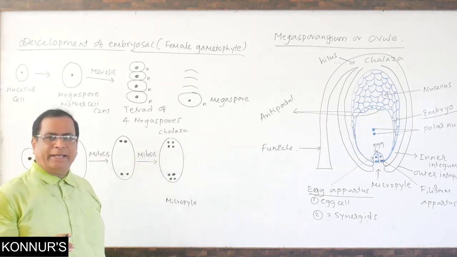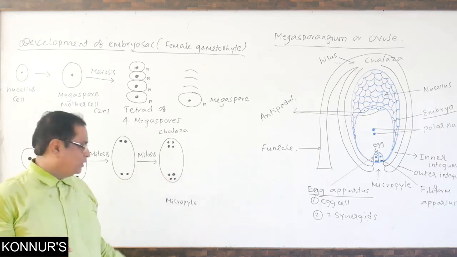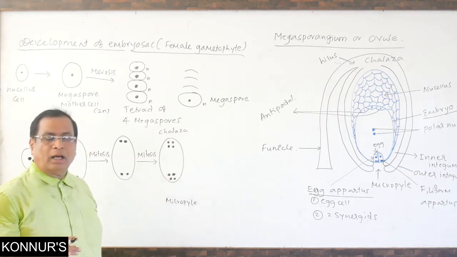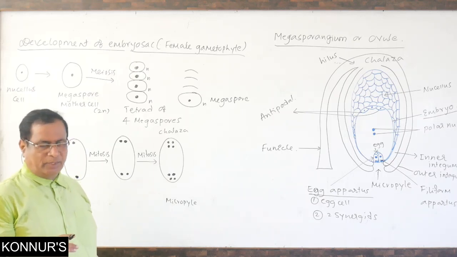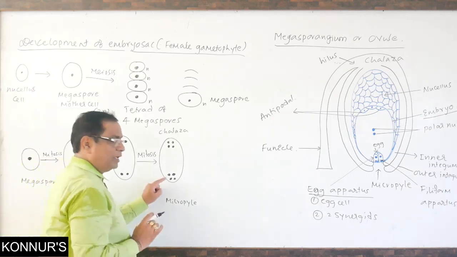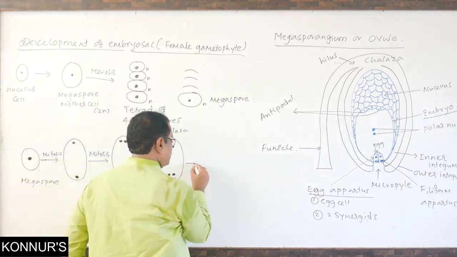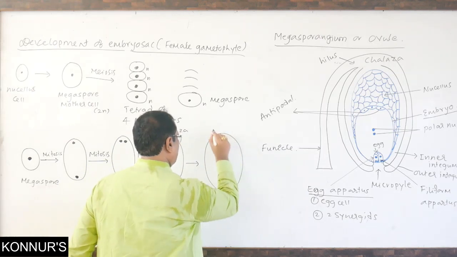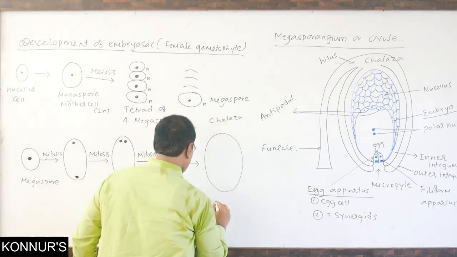And in the similar way, among these 4 nuclei towards micropyle, around 3 nuclei, cell wall is formed, so that 1 free nucleus is remained. The structure becomes like this. This is chalaza and this is micropyle.